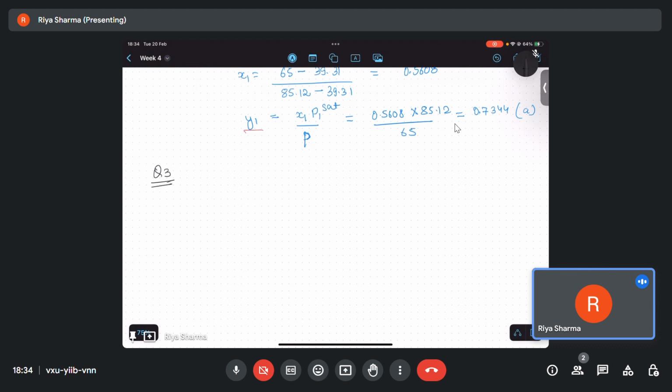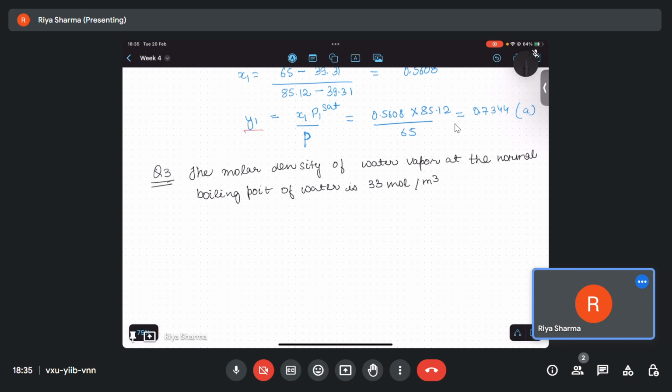So you can start writing with me. The molar density of water vapor at the normal boiling point of water is 33 mole per meter cube.